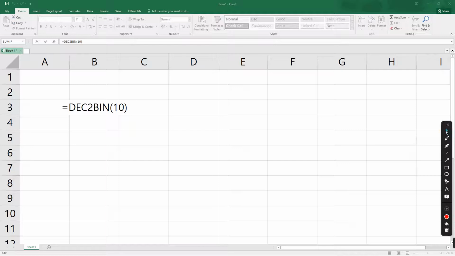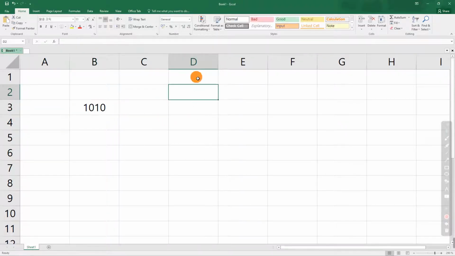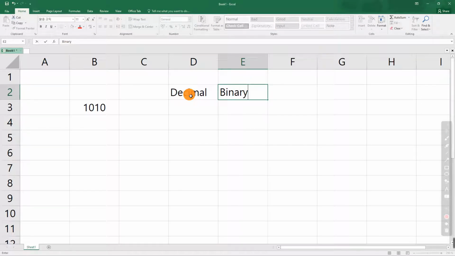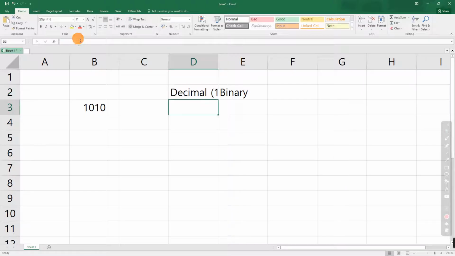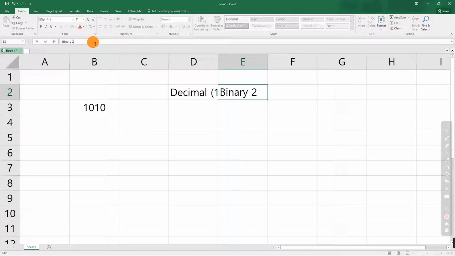Okay, so I will create it here. So here will be decimal numbers, simply decimal, and here binary numbers. So decimal means 10 digits are used, 0, 1, 2, 3 until 9. And in binary we have only 2 digits, 0 and 1, right? 0 and 1.